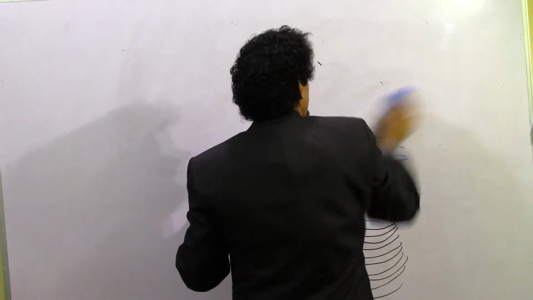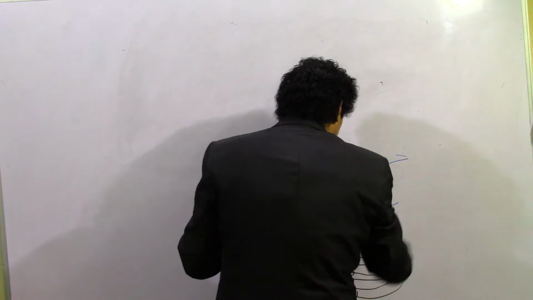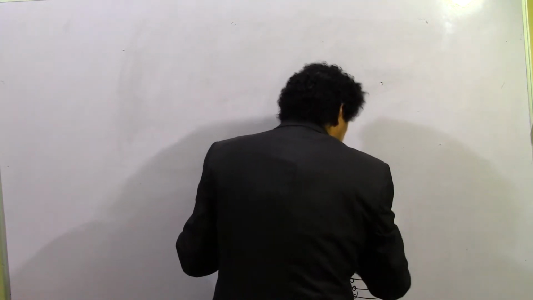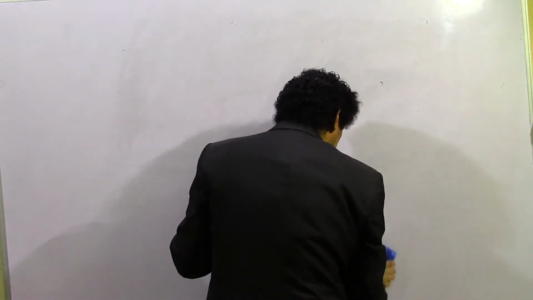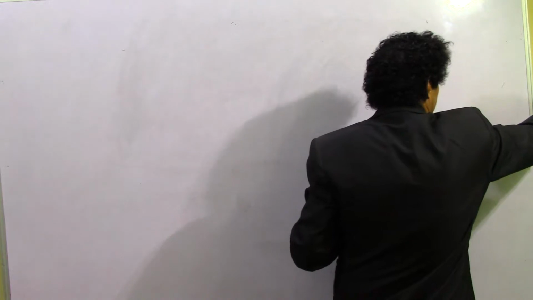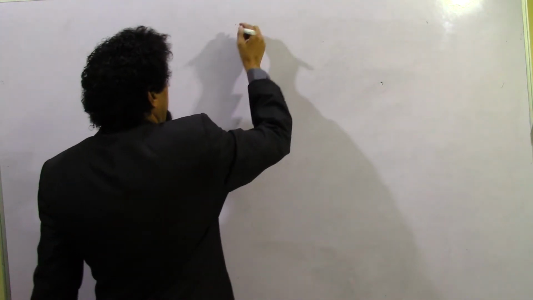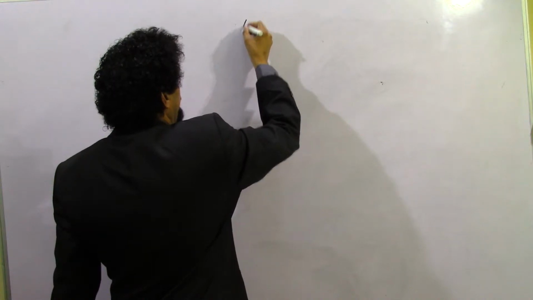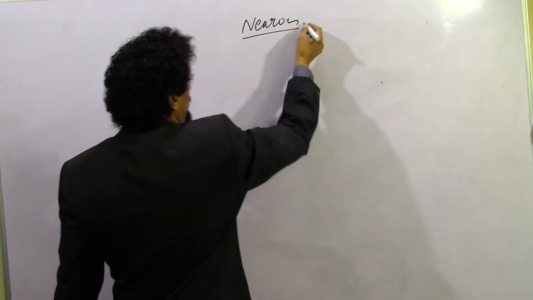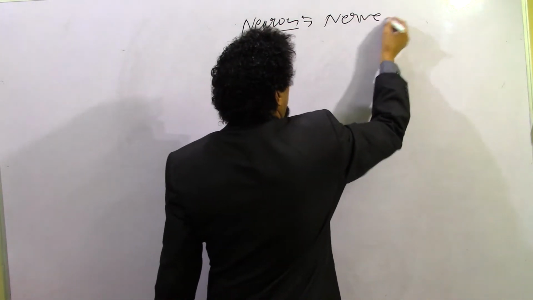So the basic structure of the nervous system has two types of cells. The electrically excitable cell is the neuron, also known as the nervous cell.